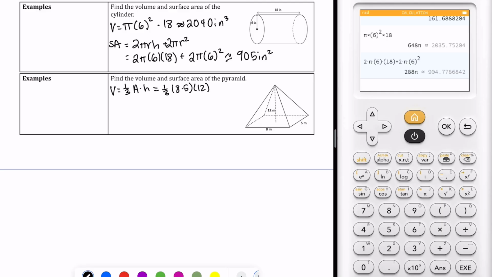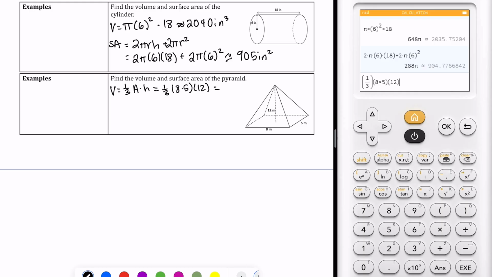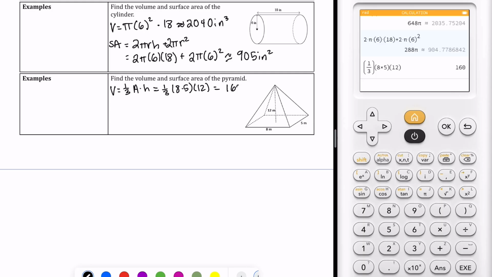So 1/3 times 8 times 5 times 12 equals 160. So we've got 160 meters cubed.